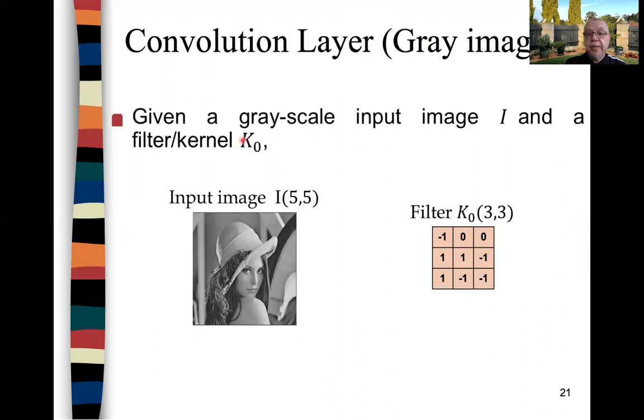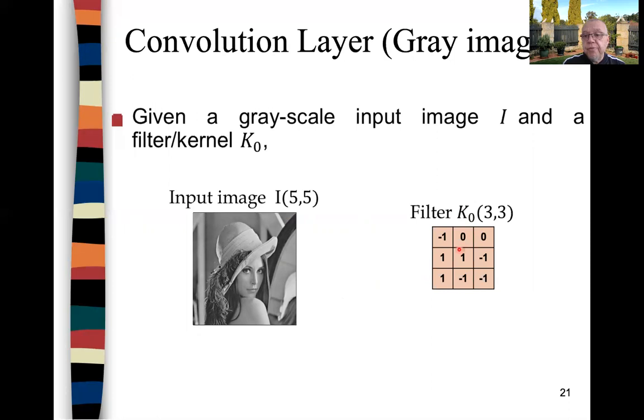So let's look at an example for a gray level image. We have a grayscale input image I and the filter kernel K0. This is a filter. This is your input image, which is say a 5 by 5 or whatever, so you have a number of pixels here. And this is a 3 by 3 kernel, okay?